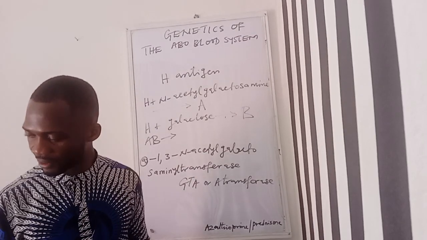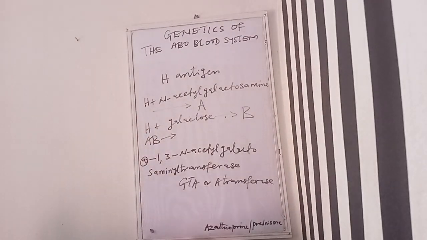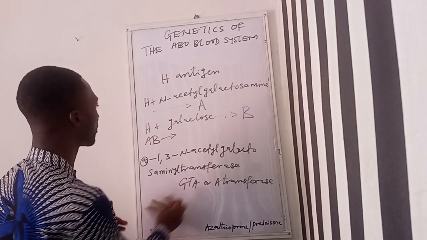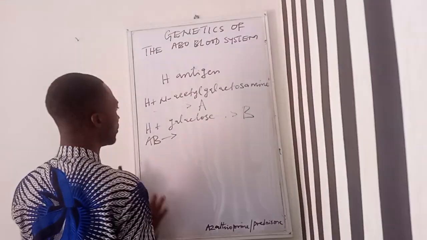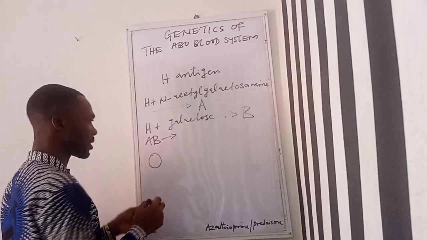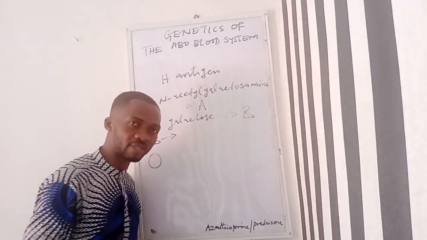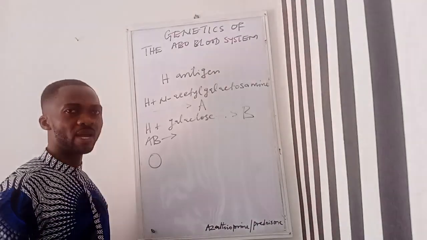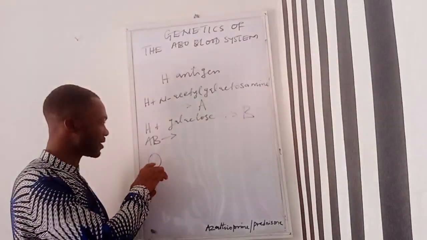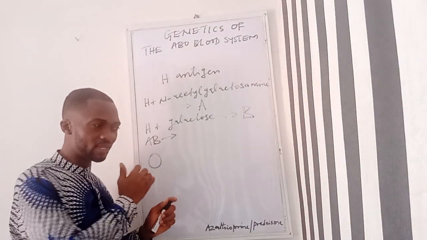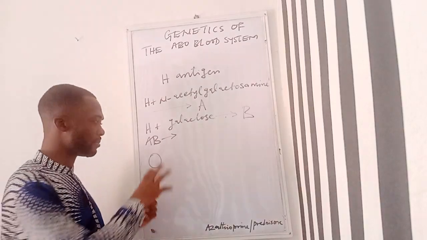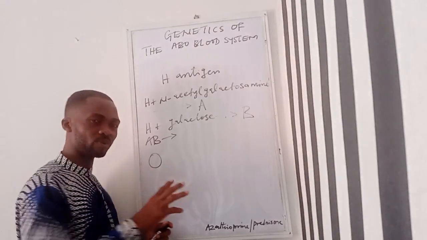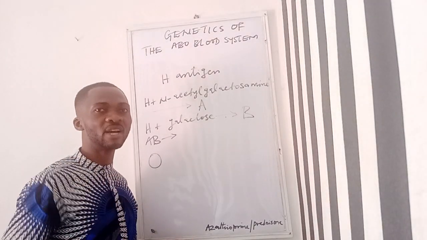But there's something that happens differently in the case of blood type O. In blood type O, you discover that there is no GTA enzyme, or A transferase enzyme. Because it does not have it, the only antigen that remains in blood type O is the H antigen.